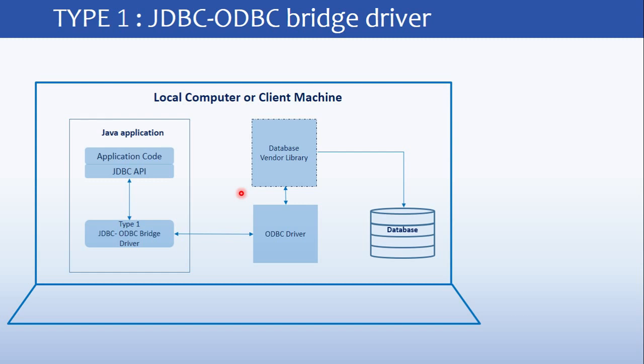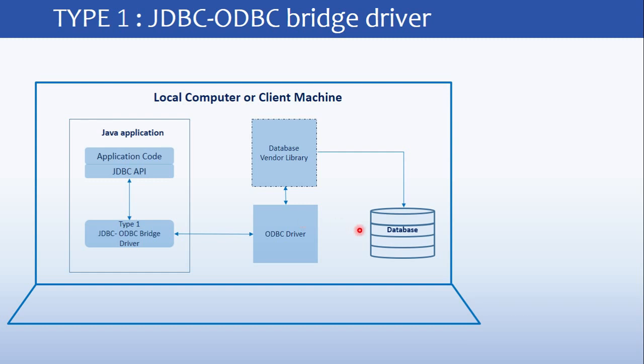Now the communication is established, but you might have observed these two components are there, and why are they there? I'll explain. The ODBC driver actually communicates with the database, and ODBC drivers are database dependent, or we could say that ODBC drivers need to be compatible with the database.